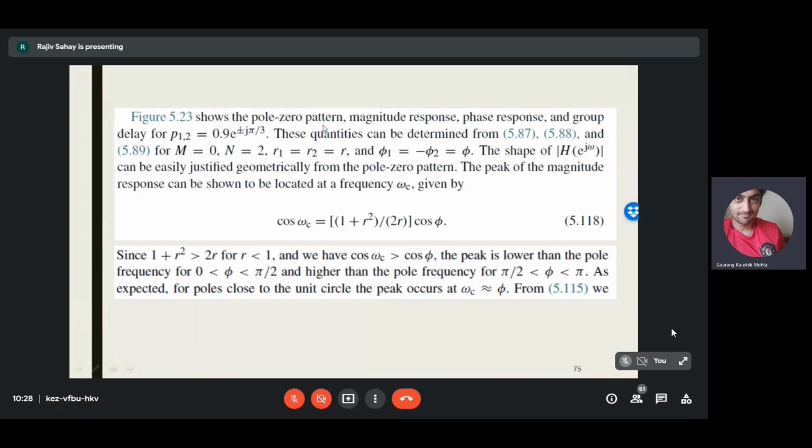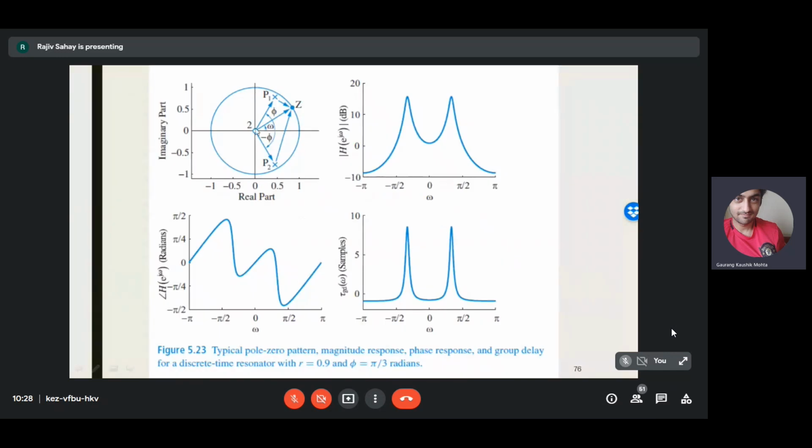You can find all these quantities by using the previous equations that we had for calculating the magnitude response, phase response, and group delay. The complex conjugate poles look like this, plus phi, minus phi on each side of the x-axis. This is P1(z) and this is P2(z).